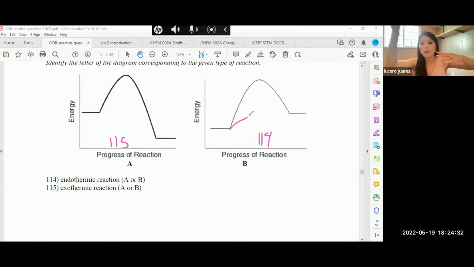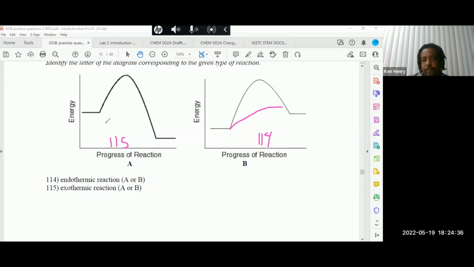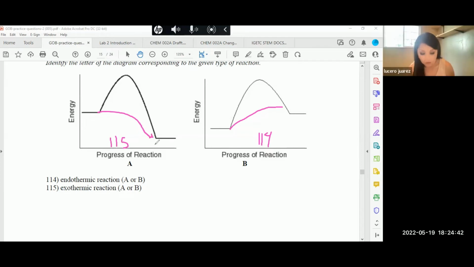That's endothermic. Exothermic is because we're going down to a lower energy, right? We start here, and we go down to here.